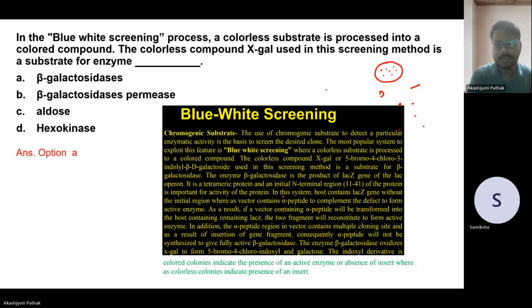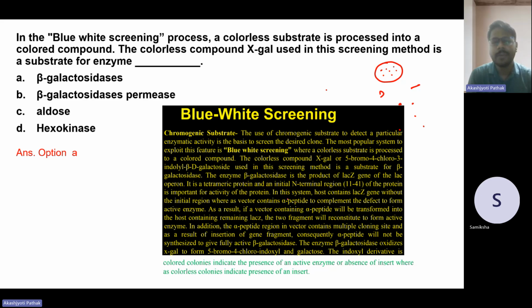Now in this system, the host contains the lacZ gene without the initial region, whereas the vector contains the alpha peptide. The host contains the lacZ gene, which means that the bacterial chromosome will have the lacZ gene. And the vector that you are using will have the alpha peptide gene.